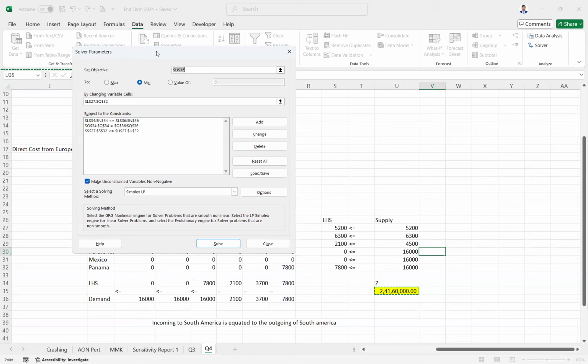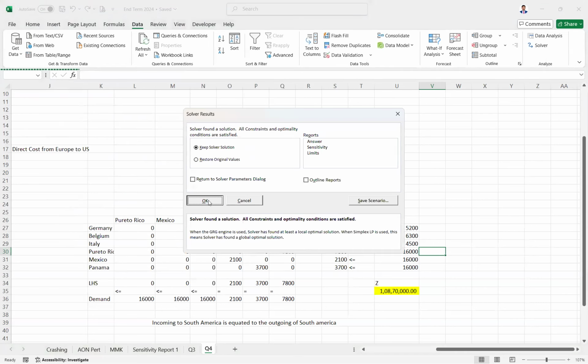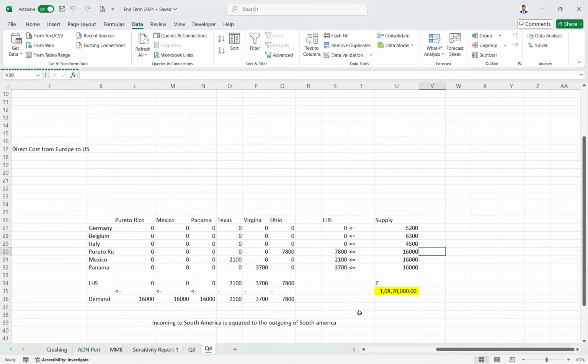Why are you putting equal to? Because those do not need it, no? Because demand was lesser than supply. But we wanted demand for those destinations, no? Let us see. Okay, then less than or equal to. You are getting much less, 1,08,007.